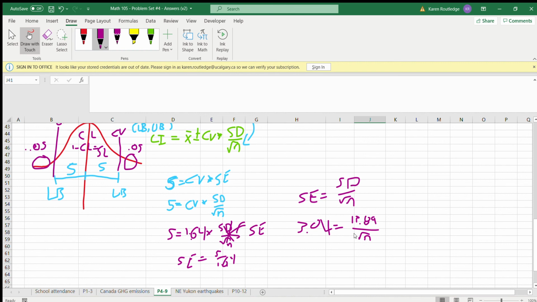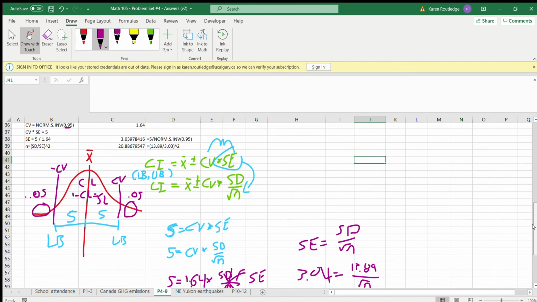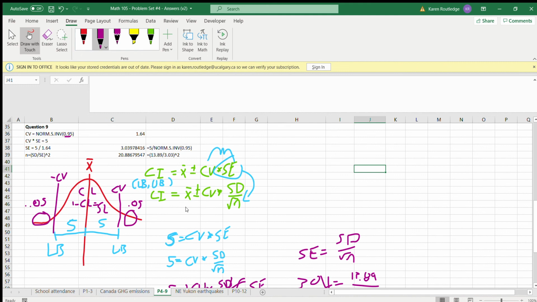So again, we have one equation with one unknown, so we can solve for the square root of n and square that to solve for n directly. n is equal to the standard deviation, 13.89, divided by the standard error, which we calculated earlier as 3.04. I have 3.03 here, it should be 3.04. Square that, and we get an n of about 21. And that is how we do that.